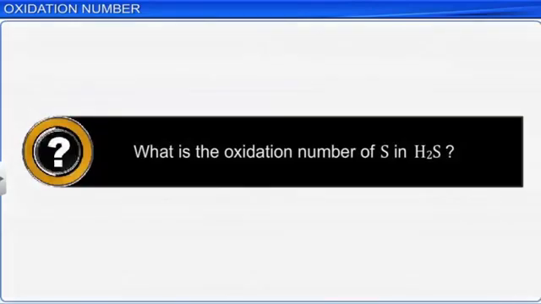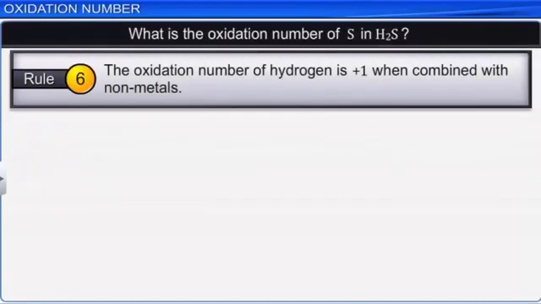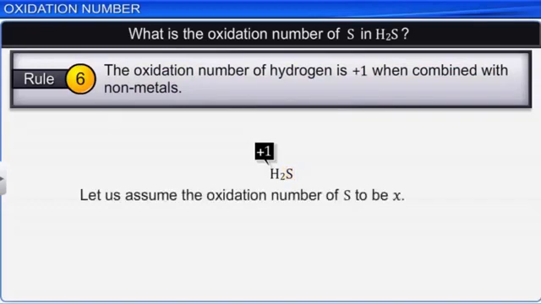Now, let's apply what we have learned and determine the oxidation number of sulfur in hydrogen sulfide. According to Rule 6, the oxidation number of hydrogen is +1 when combined with nonmetals. In this case, sulfur. Let us assume the oxidation number of sulfur to be X. We will write the oxidation numbers of the atoms above the chemical symbols.